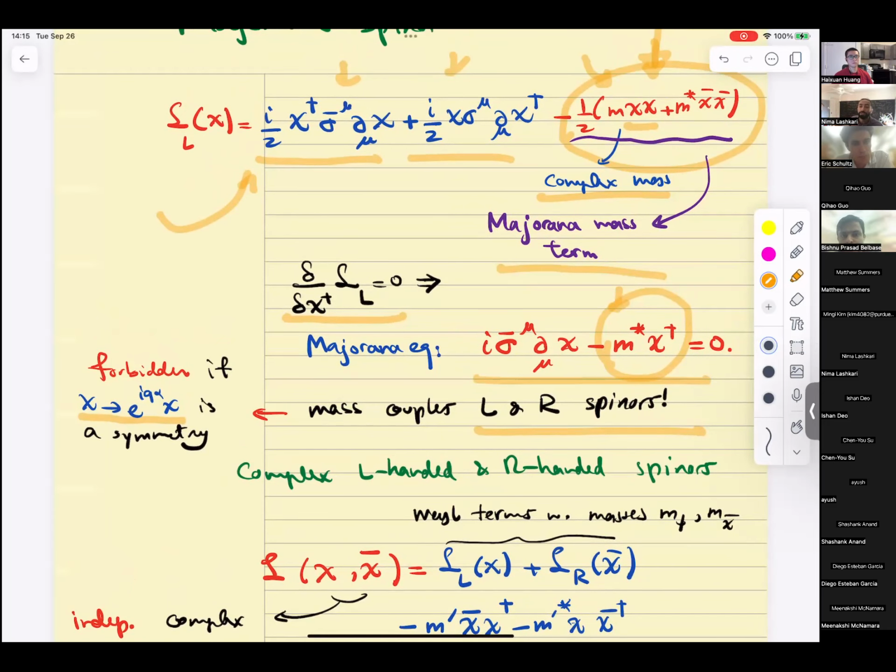So if these are charged under U1, remember, chi is now a complex vector field, so it could be charged under U1. There could be a U1 transformation, but this term spoils that symmetry. The rest of the action has that symmetry, but this term spoils it. So if there is a principle in your theory that says there should be a U1 charge, if these spinors are charged under a U1, so they're coupled to some sort of gauge theory photons, such terms are forbidden.